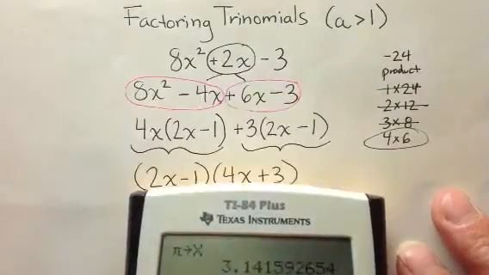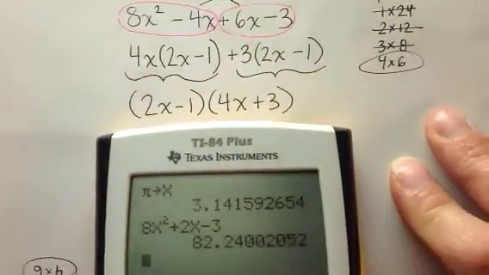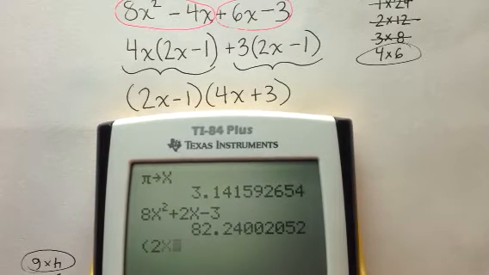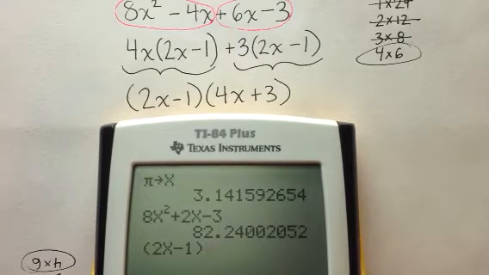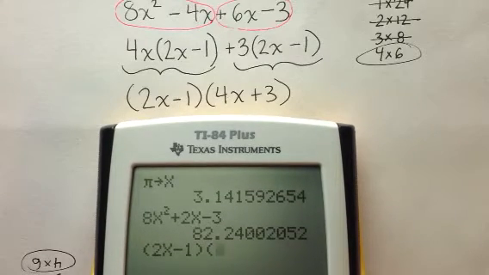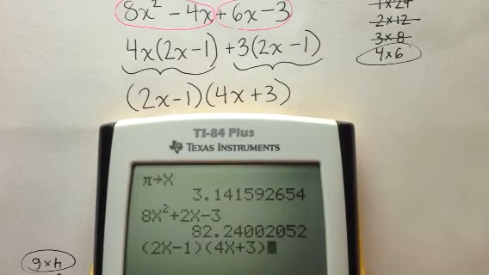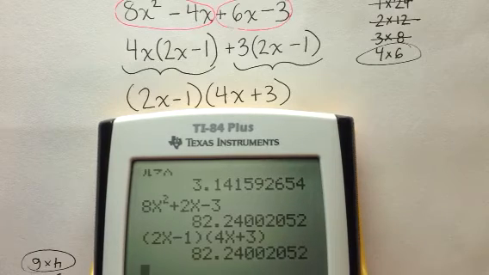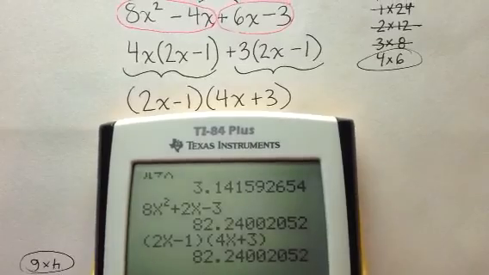Go ahead and put in the answer that I came up with: 2x minus 1 times the sum of 4x and 3. Okay, if these are equivalent, then I feel pretty good about my answer, and they are. So I've simplified it correctly, and hopefully I've simplified completely.